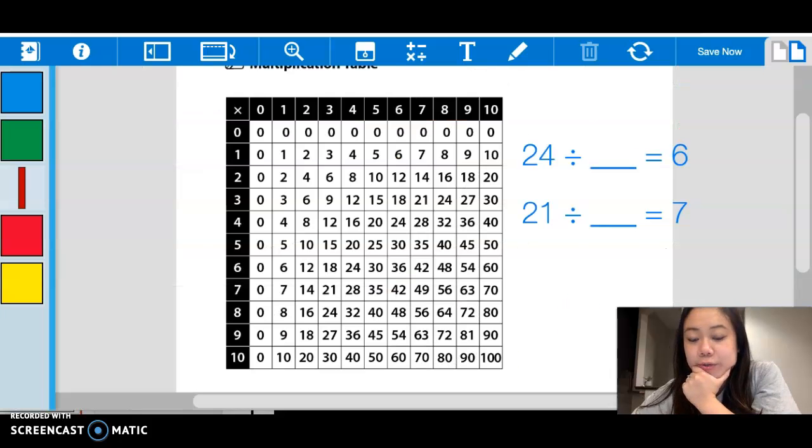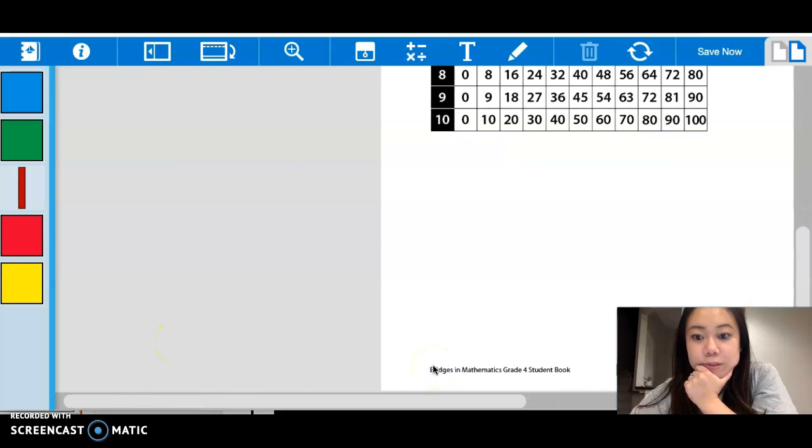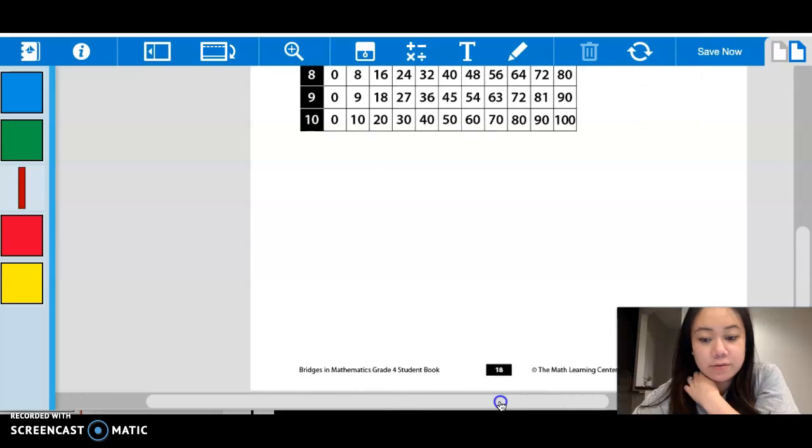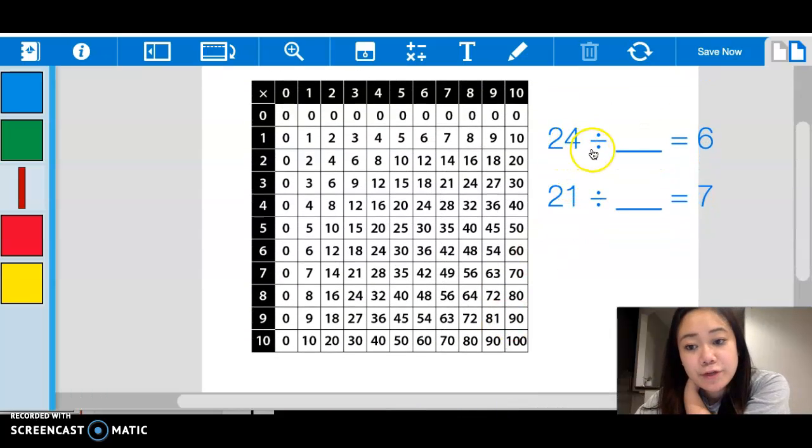All right, I'm going to show you how to use your workbook, page 18, to help with division capture. Okay, so let's pretend you have the problem 24 divided by blank equals 6. If you don't know what that is, you're going to find a 6 right here. Then you're going to go all the way on the 6, counting by 6 until you get to 24.